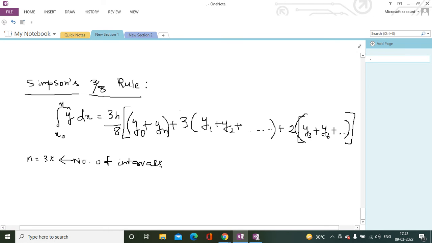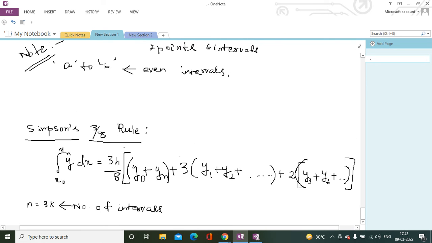So as per the formula, the integral from x0 to xn of y dx equals 3h by 8 whole into y0 plus yn plus 3 whole into y1 plus y2 plus all the rest of the terms plus 2 whole into y3 plus y6 plus etc. So it can be a trick guys.